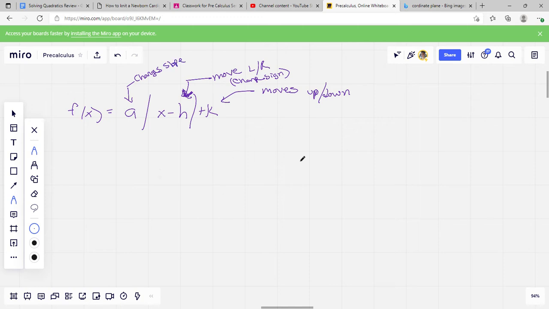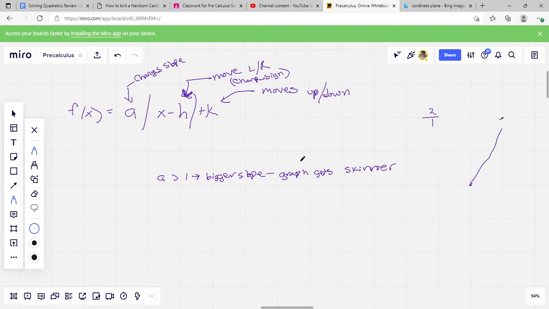Alright, and then the A value is going to change the slope of your lines. If A is greater than 1, we're going to get a bigger slope. The graph is going to get skinnier. Because if we have a slope of, let's say, 2 over 1, that means go up 2 over 1, right?